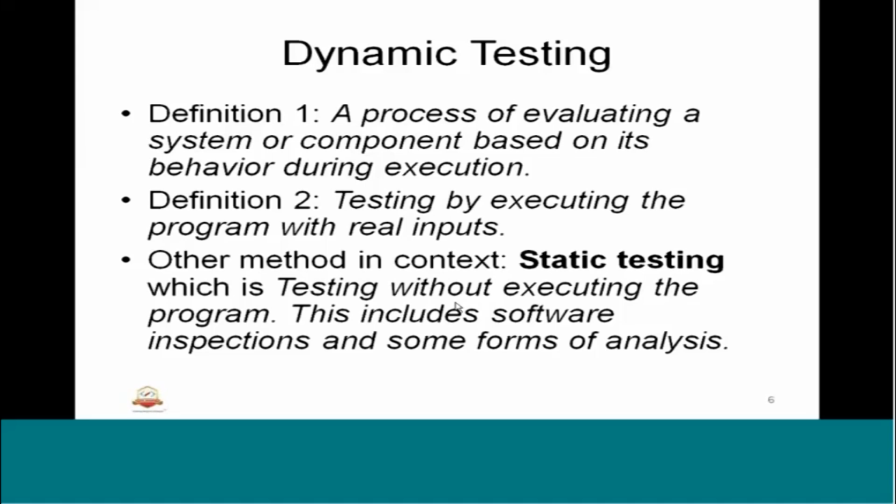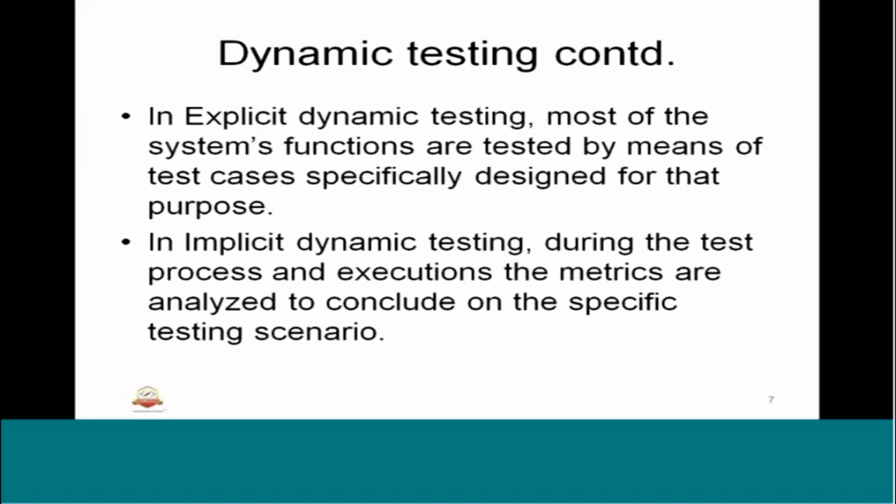Dynamic testing is done when the program is executed. In continuation of the definition, there are two types we can categorize in dynamic testing: explicit dynamic testing and implicit dynamic testing. What is explicit dynamic testing?